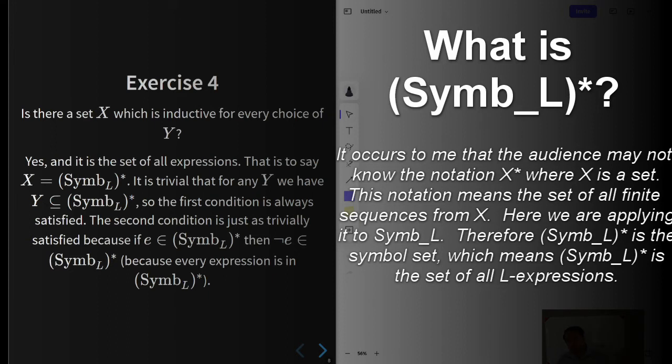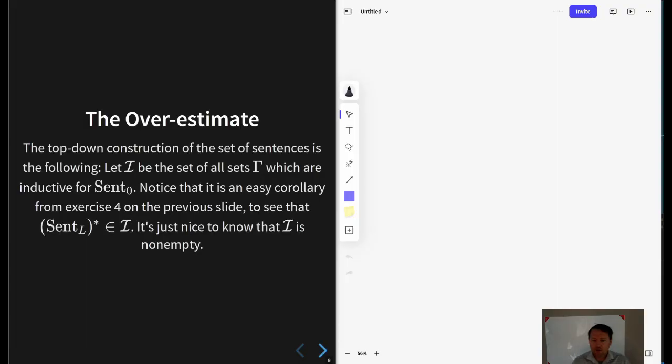And I mentioned the negation, but you could run through the same exercise basically the same way for the other connectives. So now I can start describing what this overestimate picture is. It will help us to have a symbol for the set of all sets of expressions which are inductive for Σ0.